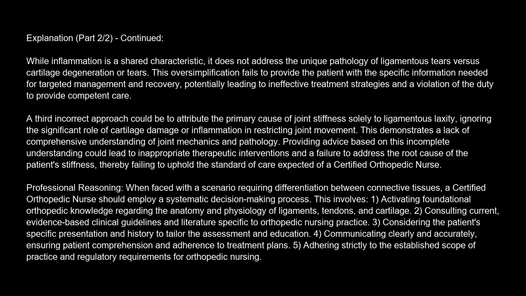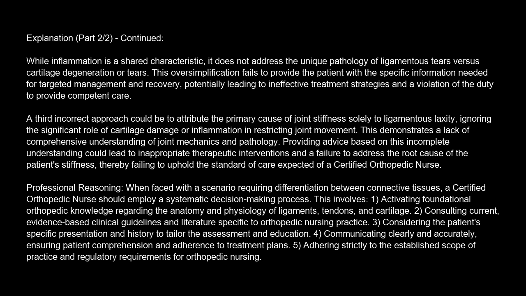Professional reasoning. When faced with a scenario requiring differentiation between connective tissues, a certified orthopedic nurse should employ a systematic decision-making process. This involves: 1. Activating foundational orthopedic knowledge regarding the anatomy and physiology of ligaments, tendons, and cartilage. 2.